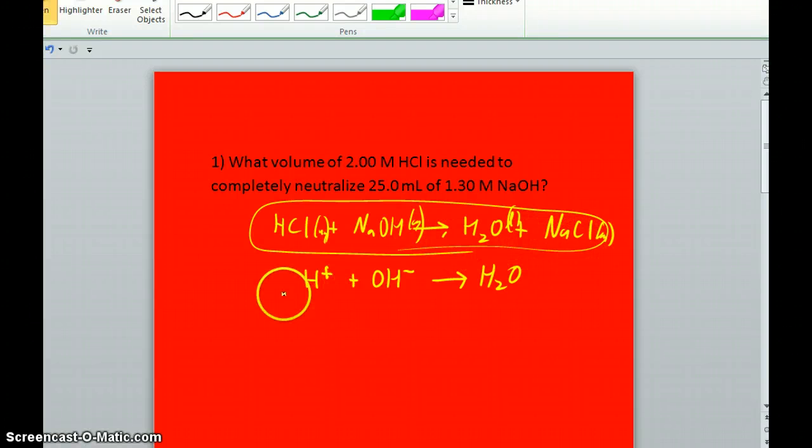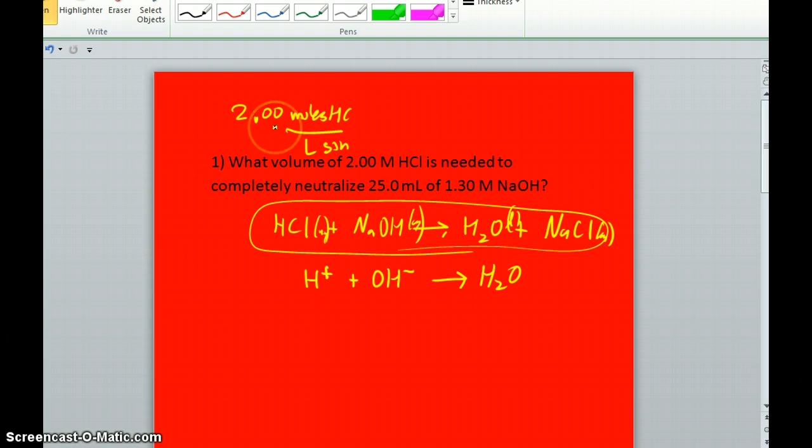Or 1 mole of protons from the acid neutralizes 1 mole of hydroxide from the base, and you get a mole of water. So we're asked what volume of HCl, and we're given a molarity, 2.00 moles HCl per liter solution.